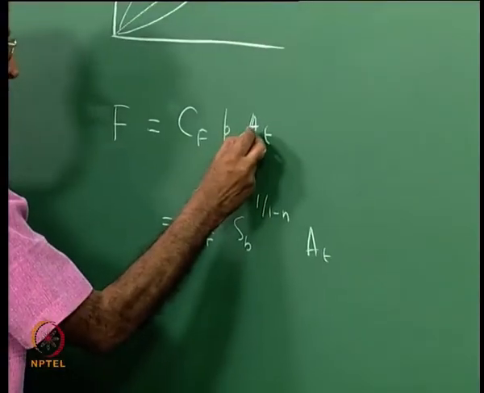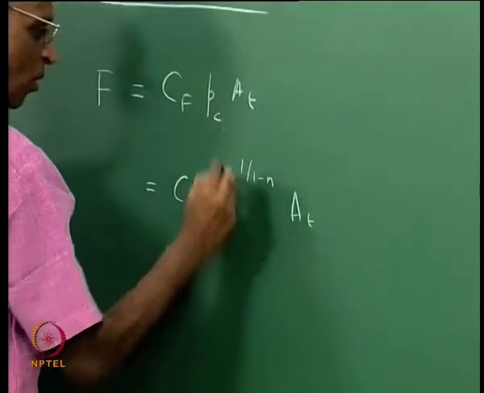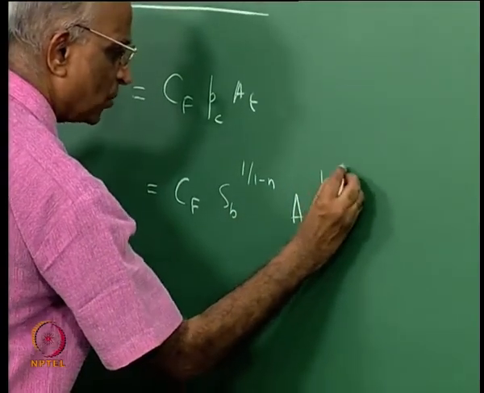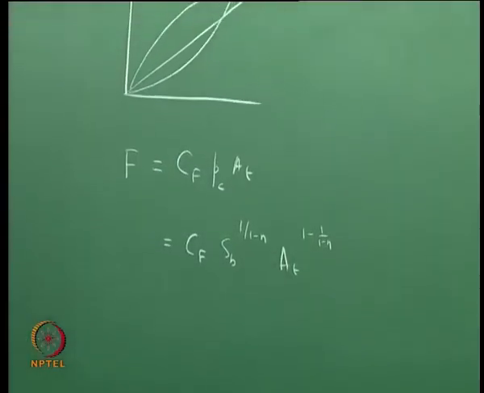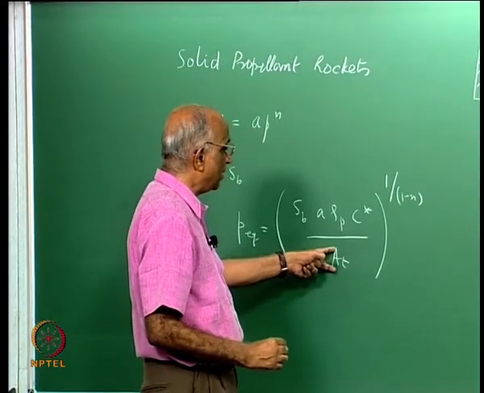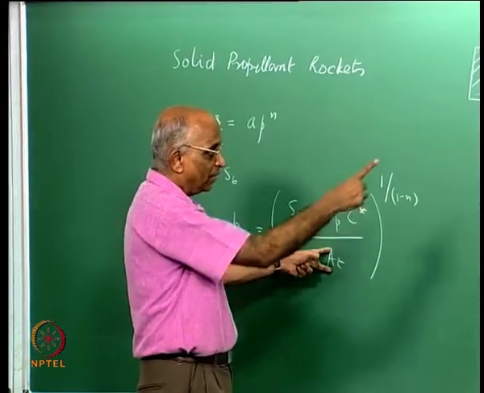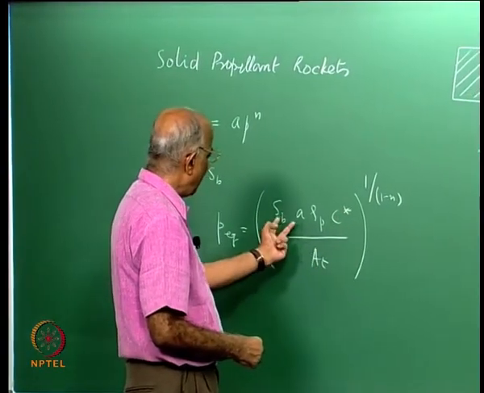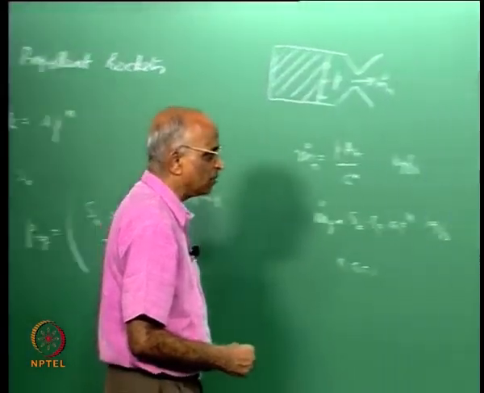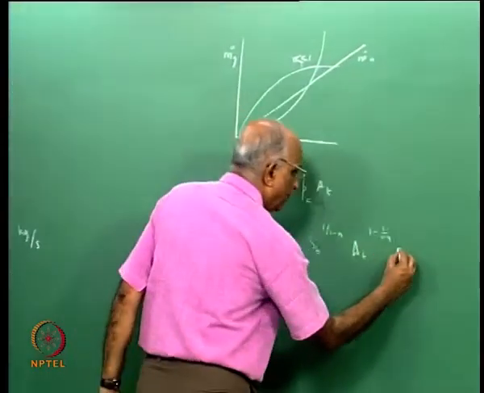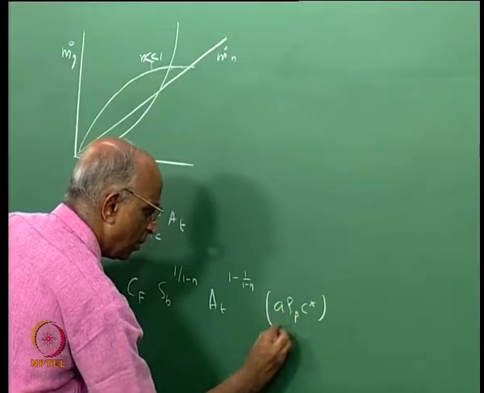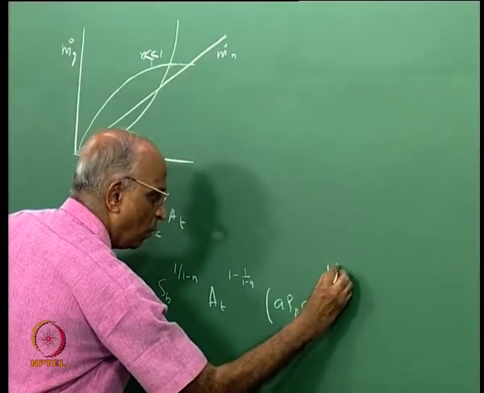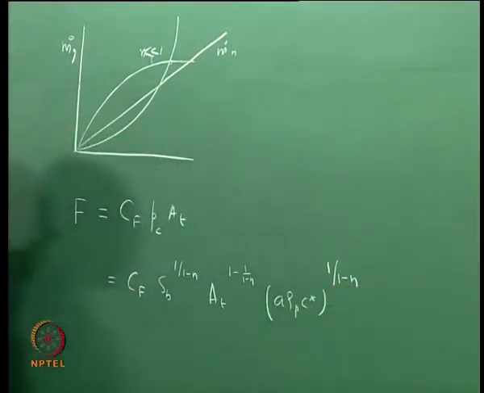Now AT is in the numerator here, AT is in the denominator here, therefore 1 minus 1 by 1 minus n. I have just substituted the value of AT over here, minus 1 over 1 minus n, there I had it in the numerator, and then I soak the other parameters, namely A, the value of rho P into C star to the power 1 over 1 minus n.